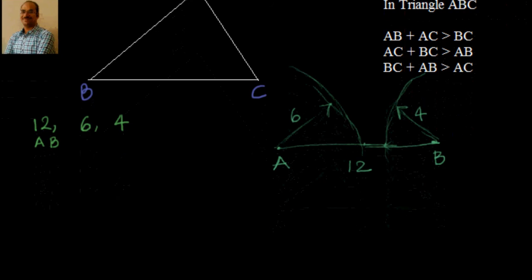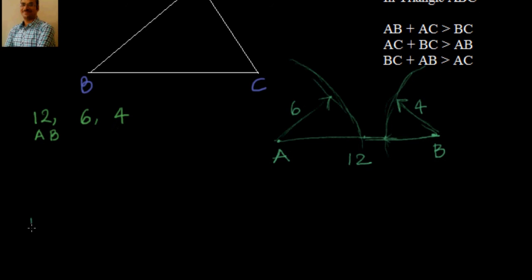Now let's take another example and say that the sides are 12, 6, 6. I will do the same thing. I will take AB as 12.